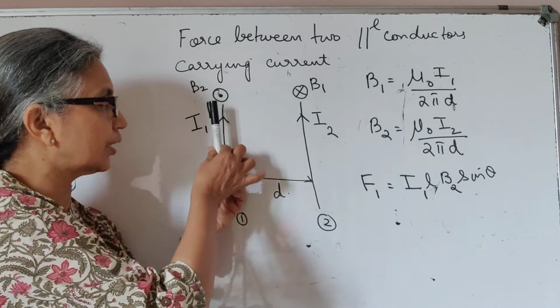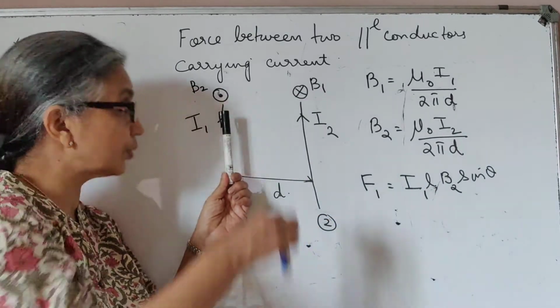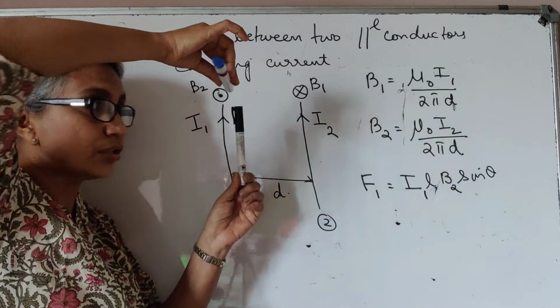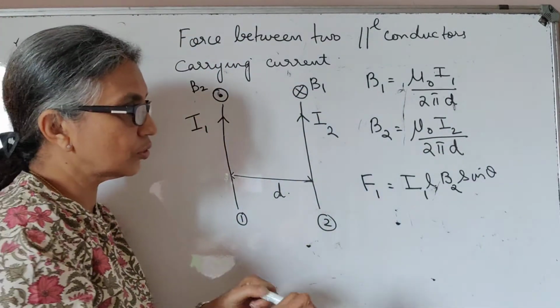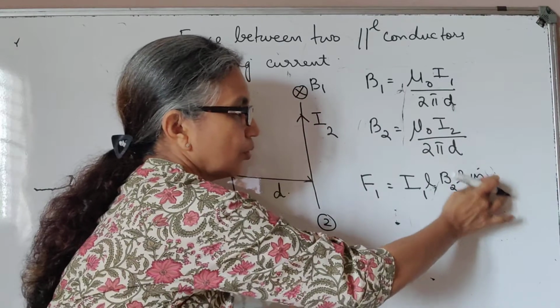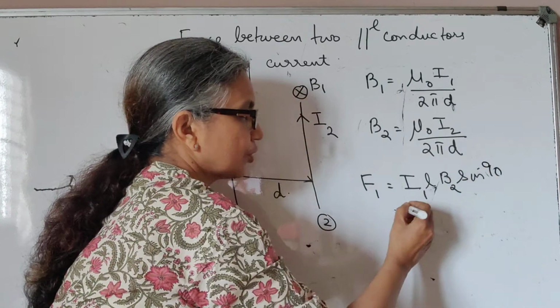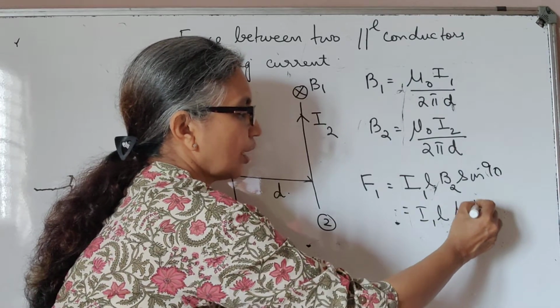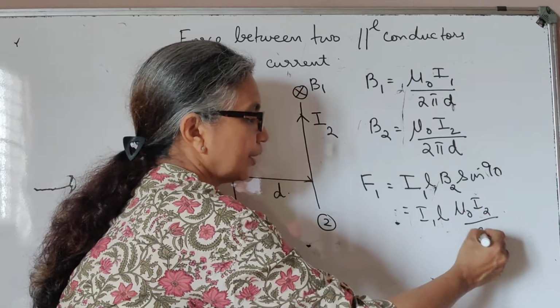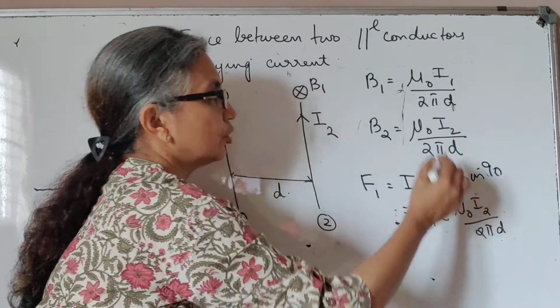The length of the conductor is like this, but the magnetic field you will see is coming out like this. So length and magnetic field are making an angle of 90 degrees, and so this will be sine 90, which is 1. I will now substitute I1 L and mu 0 I2 by 2 pi d, which is B2 from here.